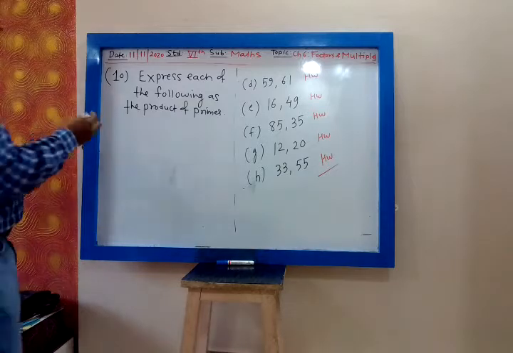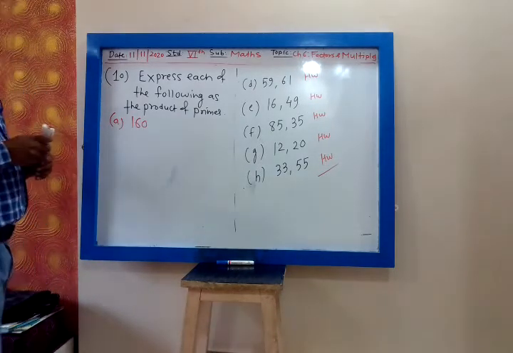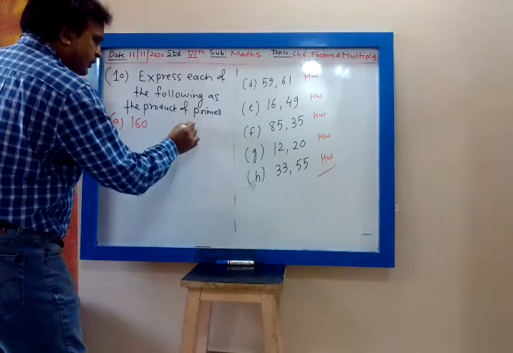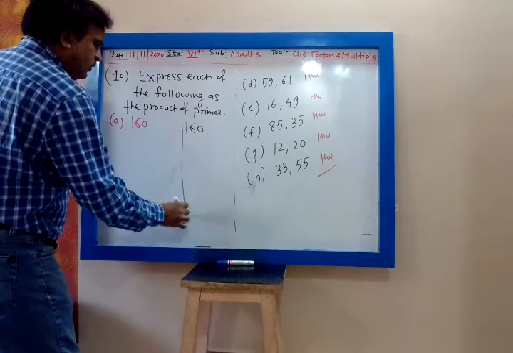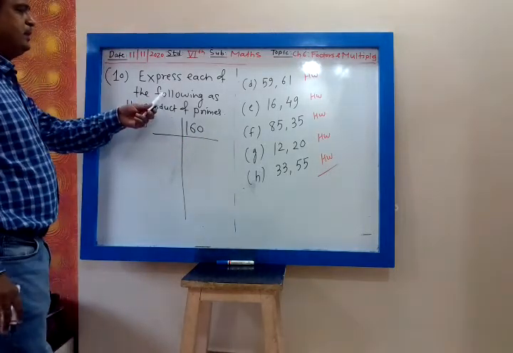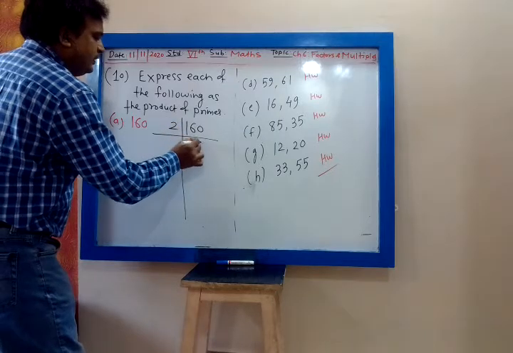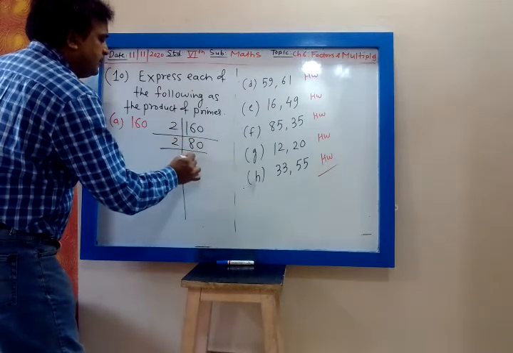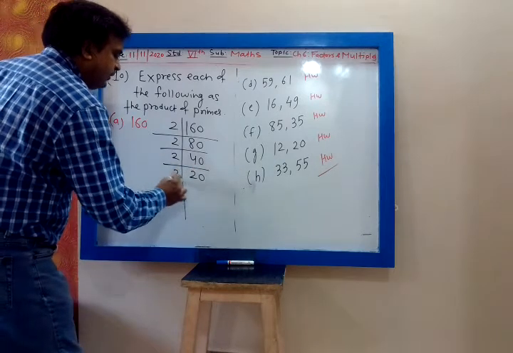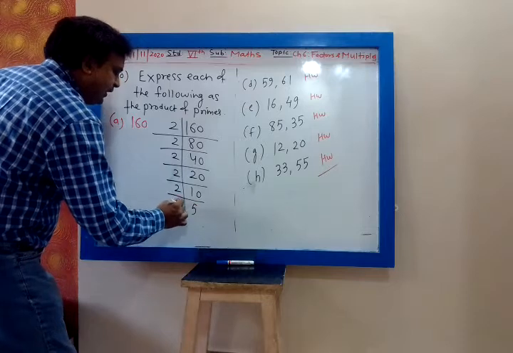First is 160. To express it as a product of primes, we start with the prime number 2. 2 eights are 16, 2 fours are 8, 2 twos are 4, 2 ones are 2, then 2 fives are 10, and 5 ones are 5.